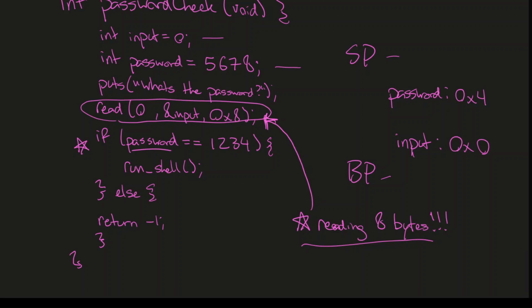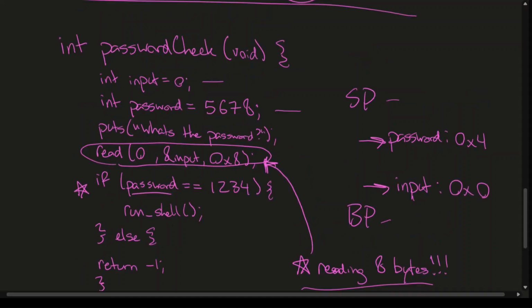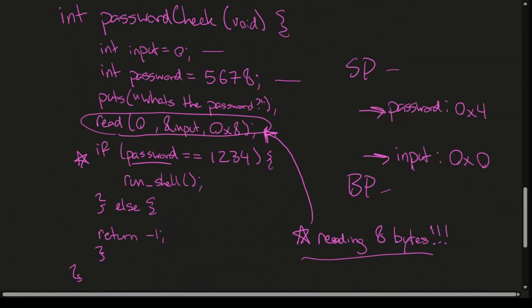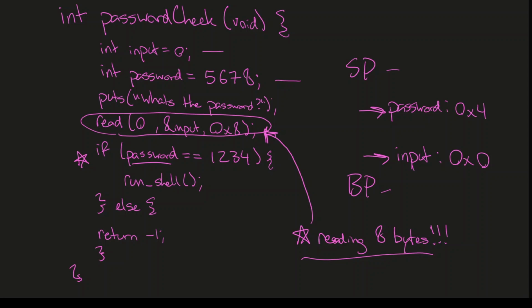It's reading 8 bytes, which means that the first 4 bytes will go into input, and the next 4 will overwrite all of password. Because, similar to the case up here, if you put in more than the buffer can handle, or more than the data size can handle, it will overwrite whatever is on top of it, or whatever the beginning of the next variable is.